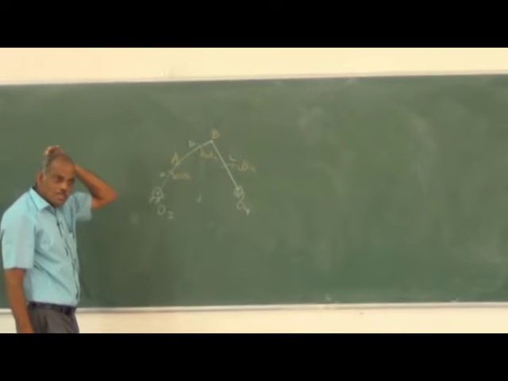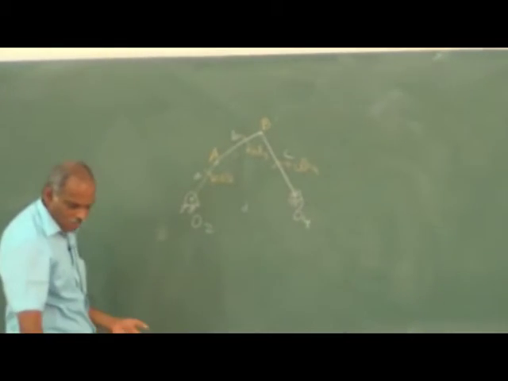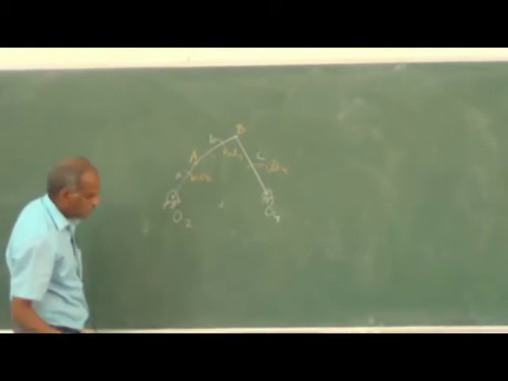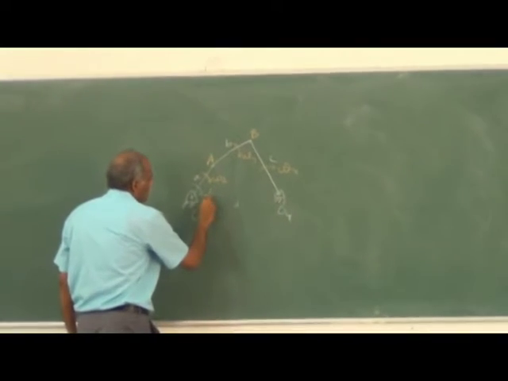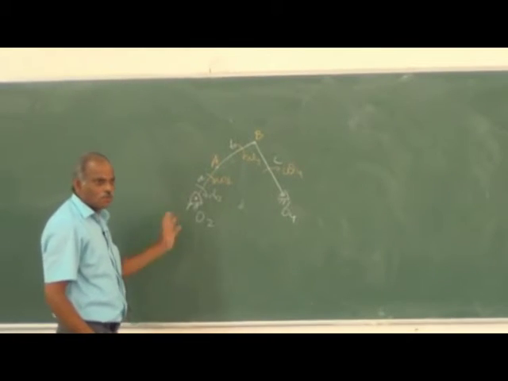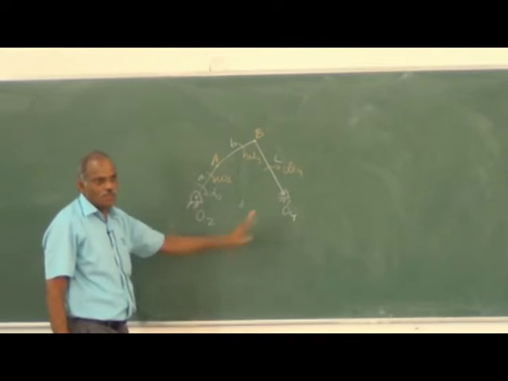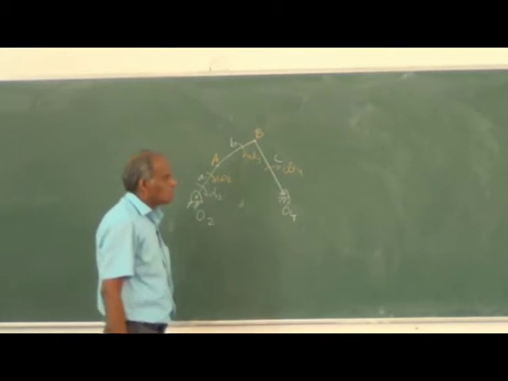Now we are going to do the acceleration analysis. What is acceleration analysis? You will be given alpha 2. Alpha 2 is given. Then you have to find out alpha 3 and alpha 4. So let us start.